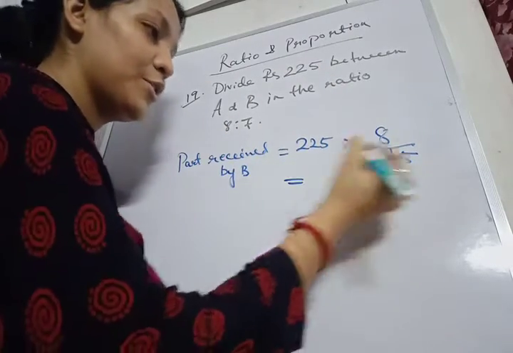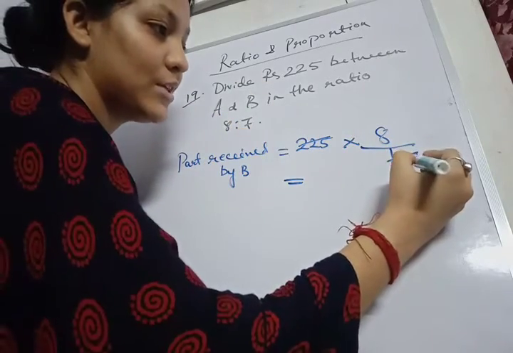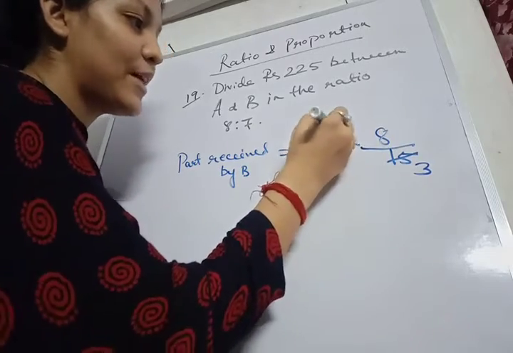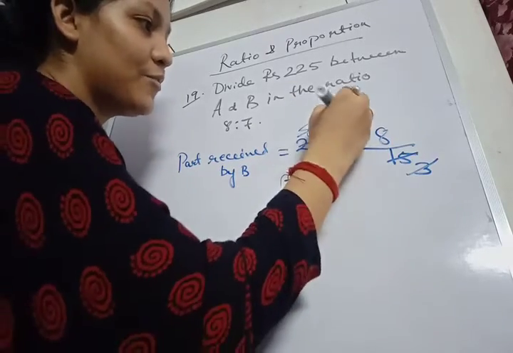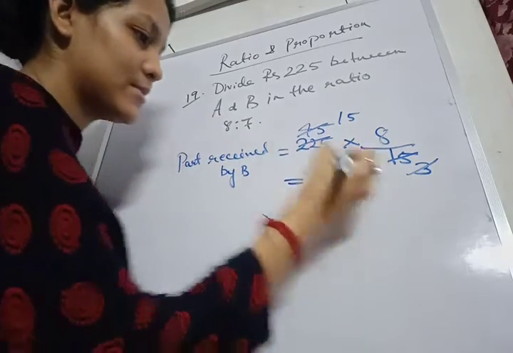Right? 15 can cancel out. 5 3s are 15, 5 4s are 20, 5 5s are 25, 3 15s are 45. So 15 8s are 120 rupees.